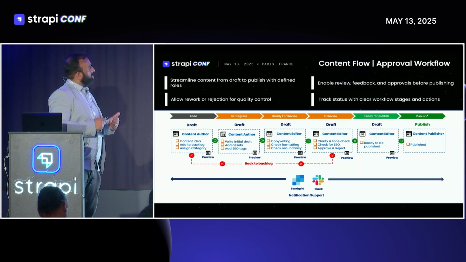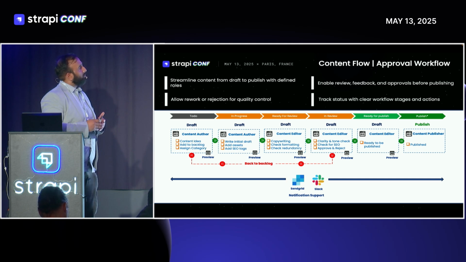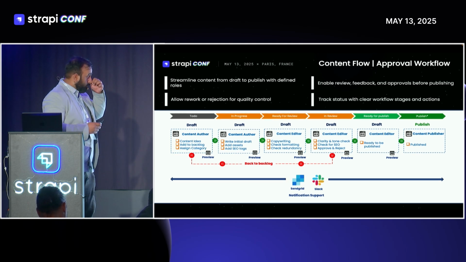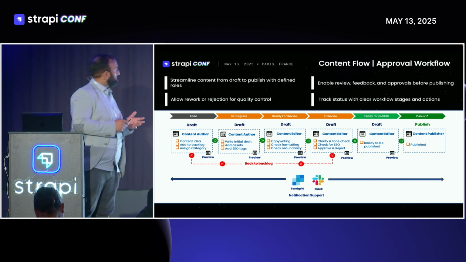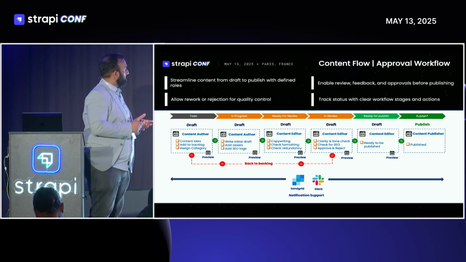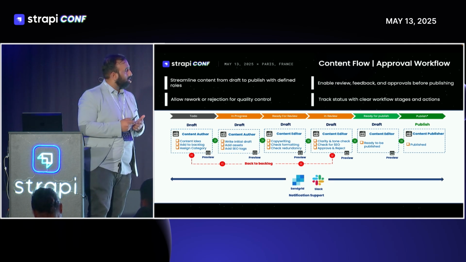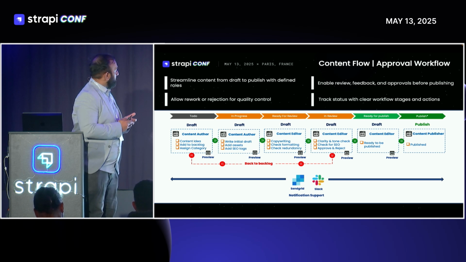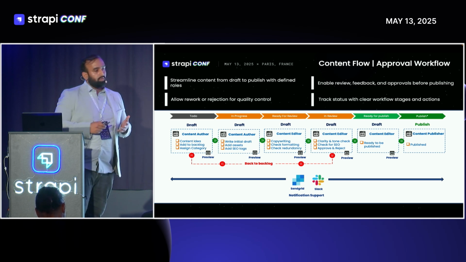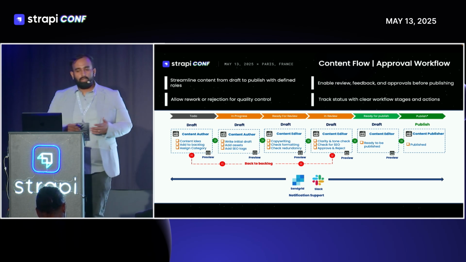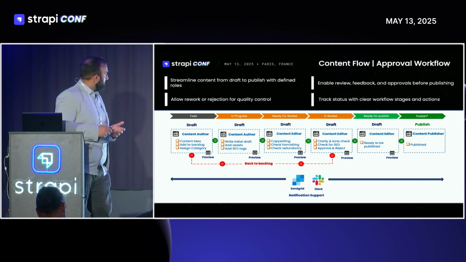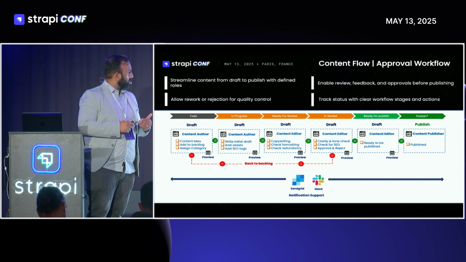One of the main issues that we solved for them was their content flows and their approval journeys. So we created 3 different roles in their content approval journeys: an author, an editor, and a publisher. So an author was someone who was creating an idea for the content, adding things to the backlog, assigning it with different categories.